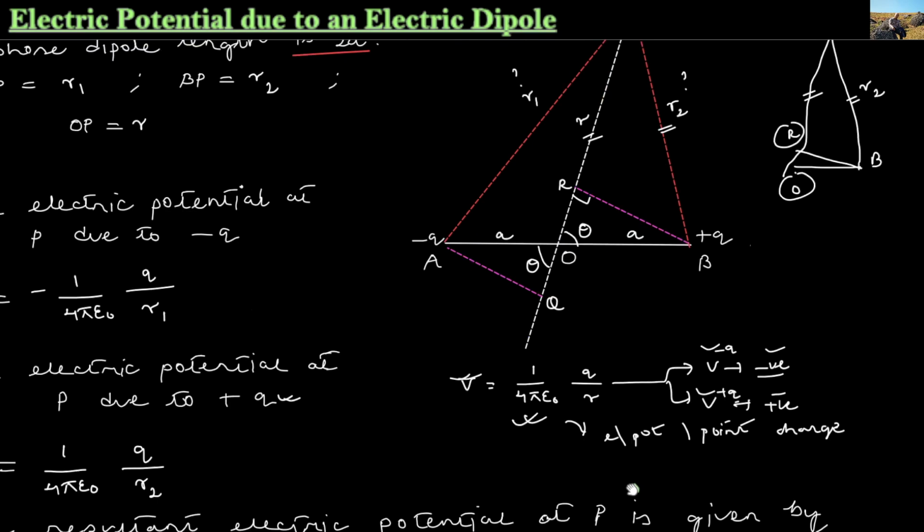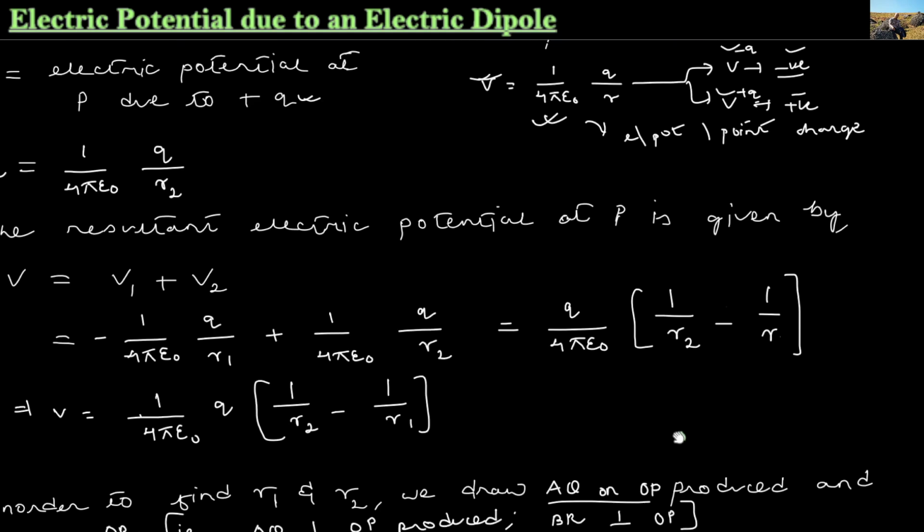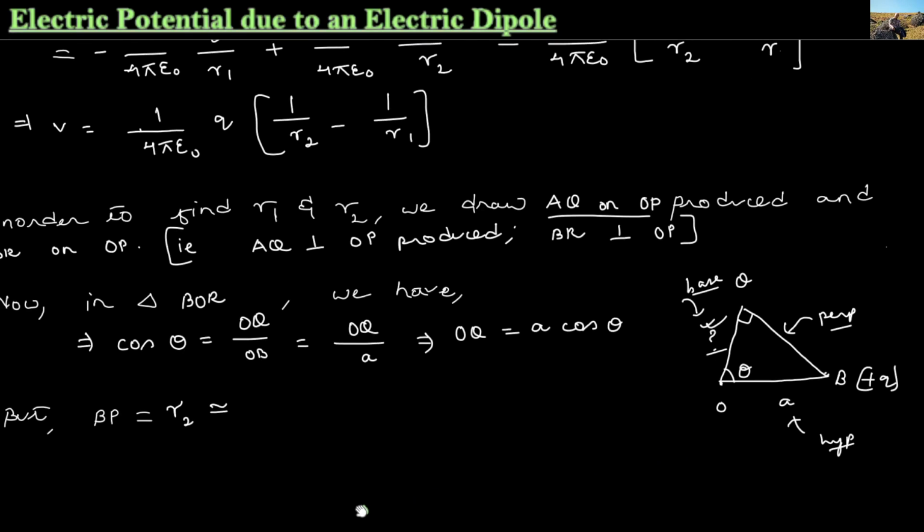So under that condition BP equals R2, but for a small dipole this will be equal to PR.